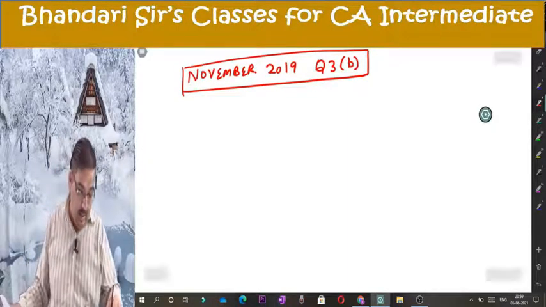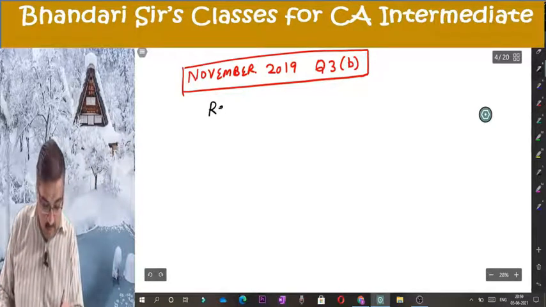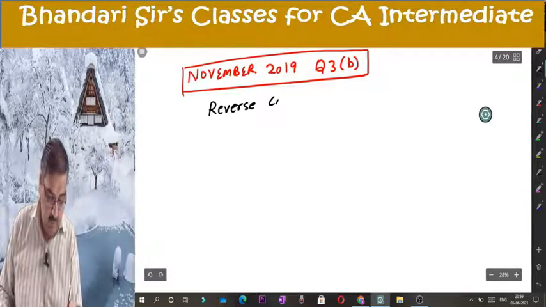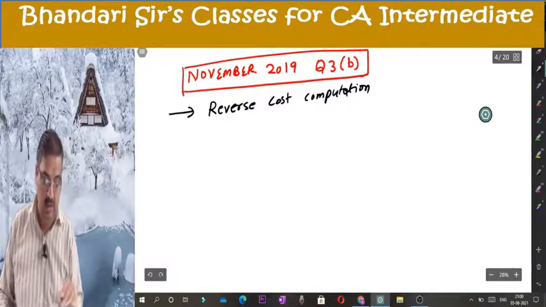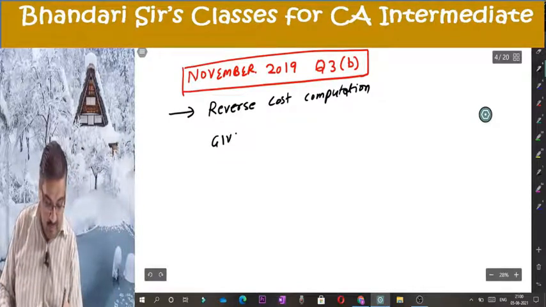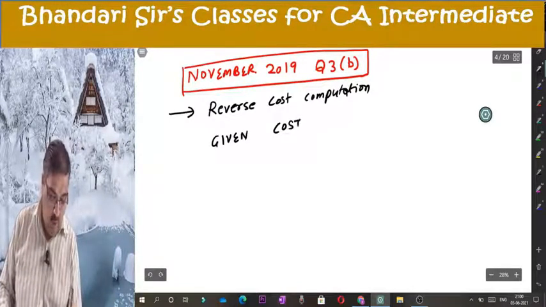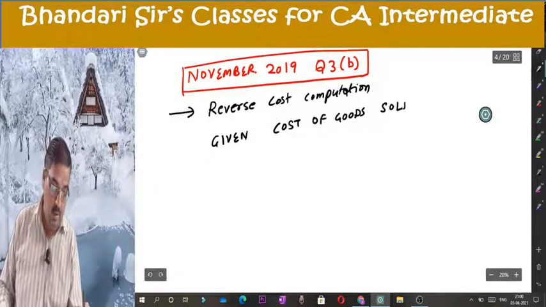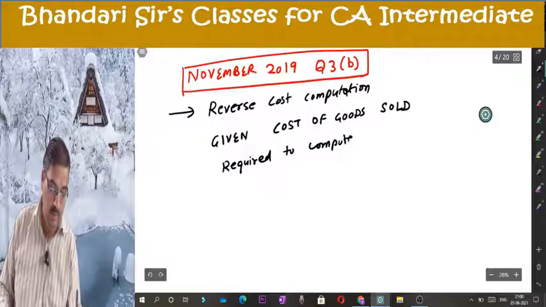It is again based on reverse cost computation and involves some good adjustments also, whereby we are given cost of goods sold and we are required to compute purchases.